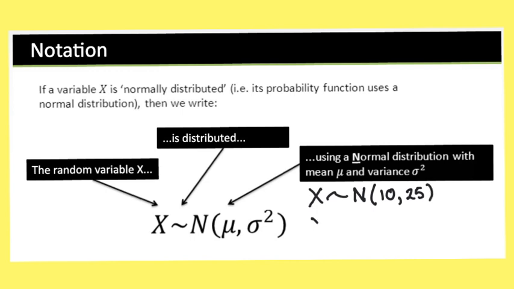If it is given in this way, x belongs to N, again the mean is 10, and you are given 5 squared, you know that in this case the 5 is the standard deviation.